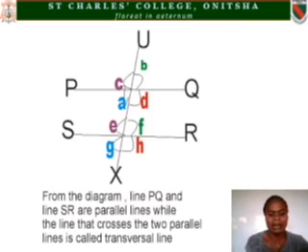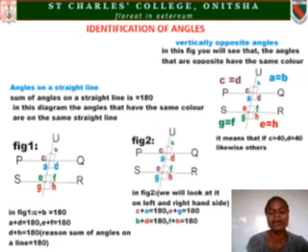Look at this diagram. From the diagram, we have line PQ and line XR are parallel lines, while the line that crosses the two parallel lines is called the transversal line. Identification of angles, vertically opposite angles.